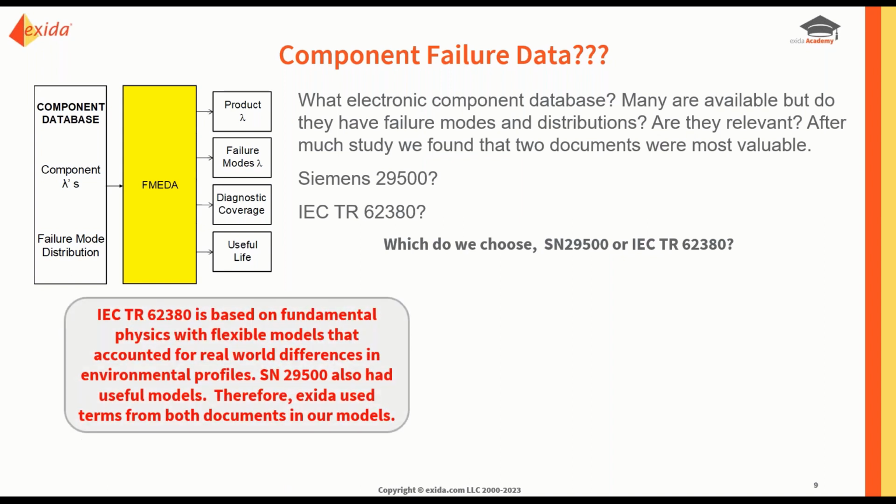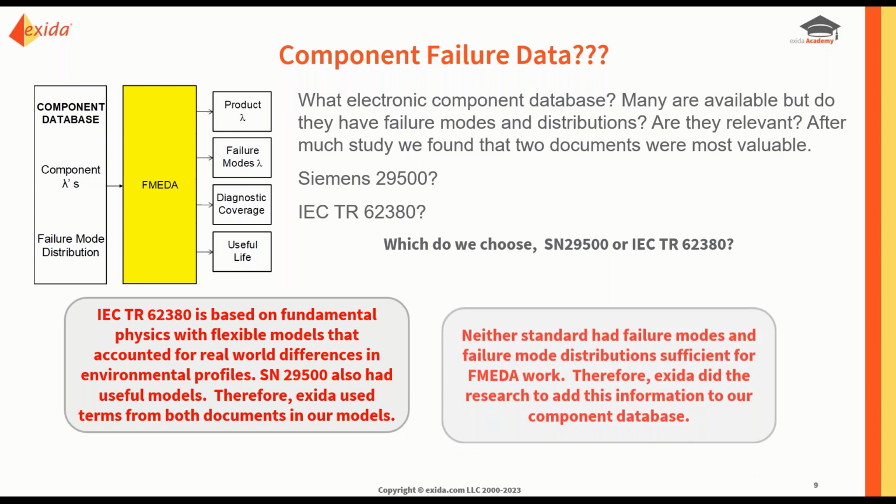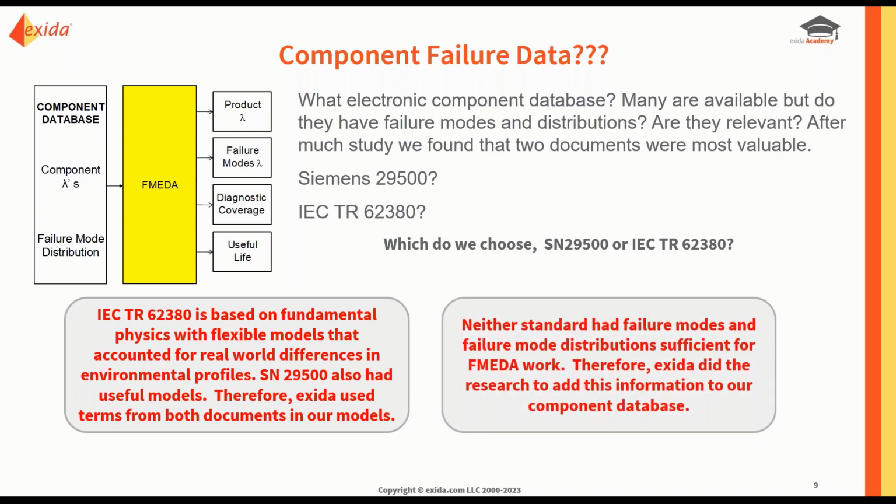Now the IEC 62380 was based on fundamental physics with flexible models that accounted for real-world differences in environmental profiles. And the Siemens database also had useful models. However, neither standard had failure modes and failure mode distributions sufficient for FMEDA work. So building on these, Exida did its own research and added what they found to develop their own component database.